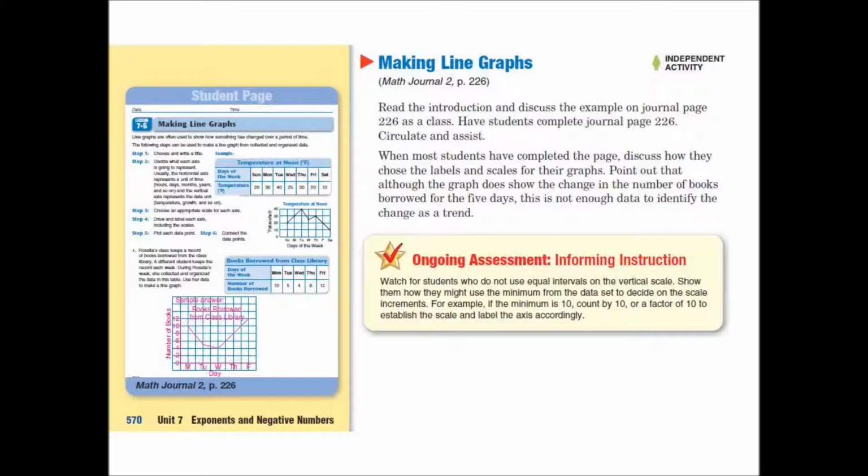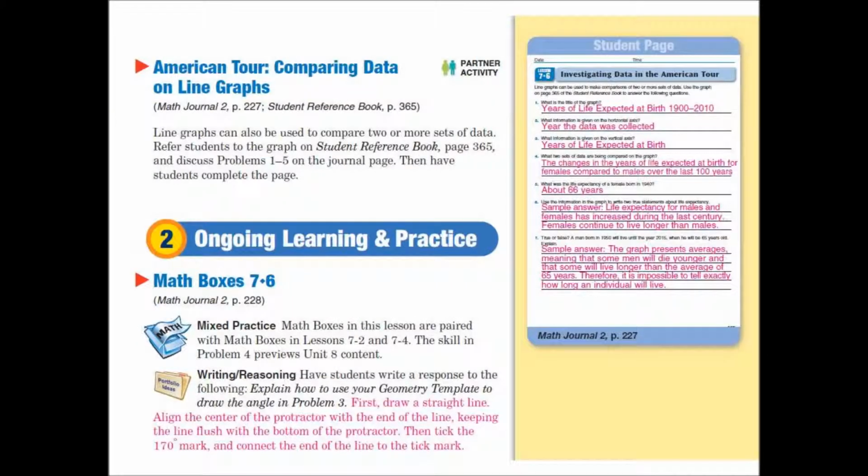Have students complete journal page 226. Circulate and assist. It really leaves nothing for you to think up on your own. An additional plus to this particular series is that you will find all of the student workbook pages directly in the teacher's manual with the answers for each of these pages.